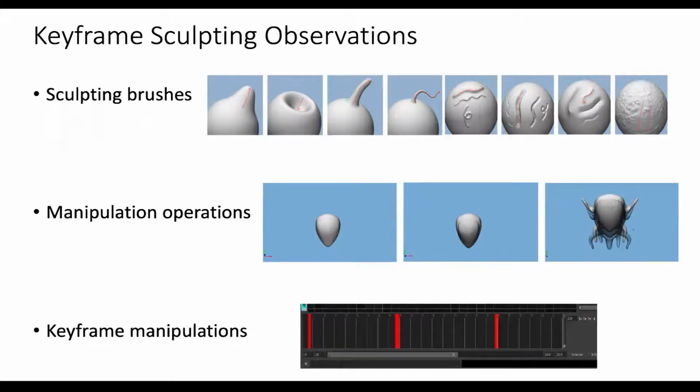And different from static sculpting, another key difference is that we need to control the keyframes for cross-frames editing and manipulations. Then, accordingly, we record these keyframe sculpting workflows for our analysis and synthesis.